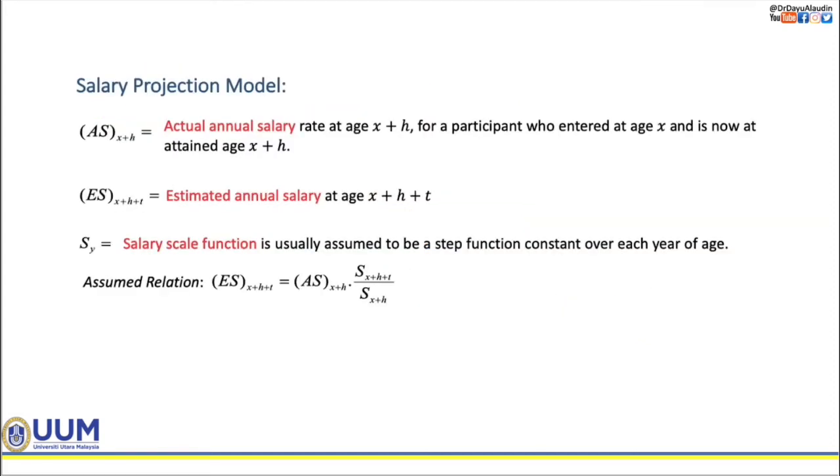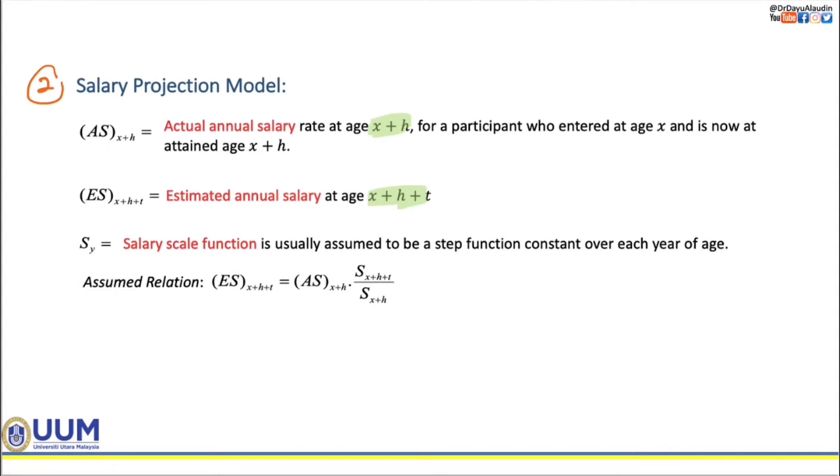Second one, how to project the salary. We have to project the actual annual salary now to the retirement age, the estimated annual salary at age x plus h plus t. So now is x plus h.